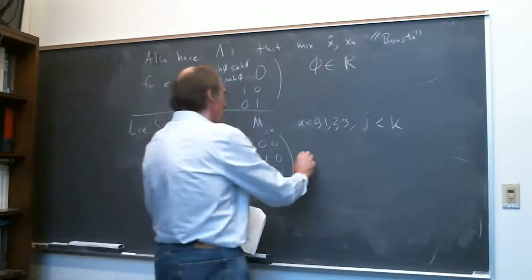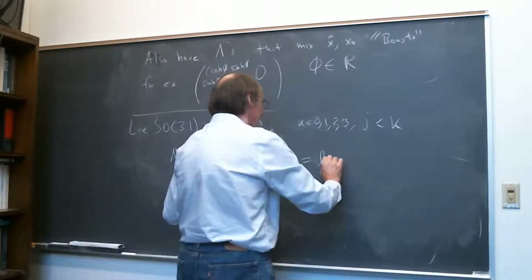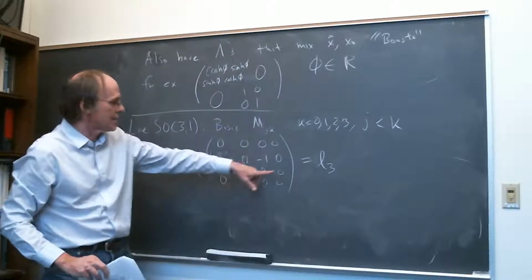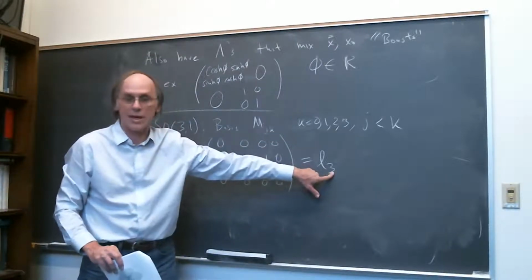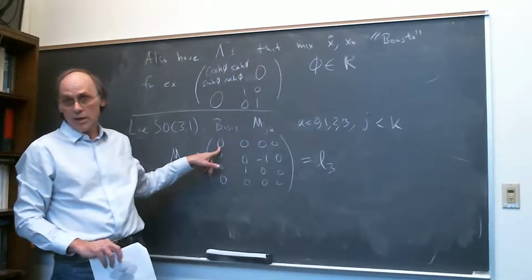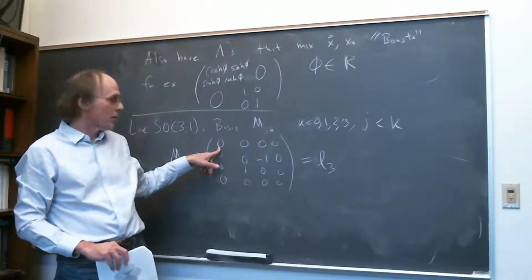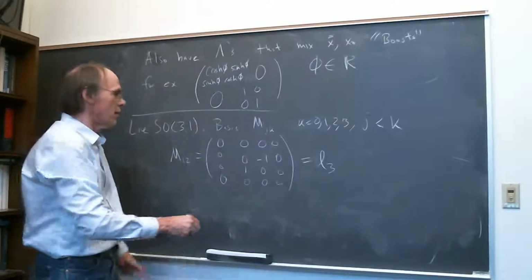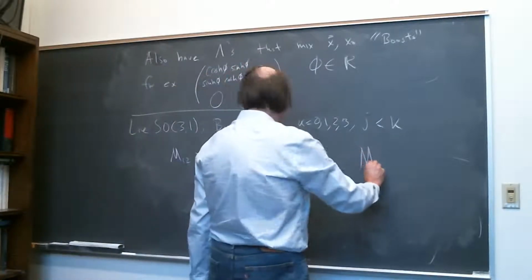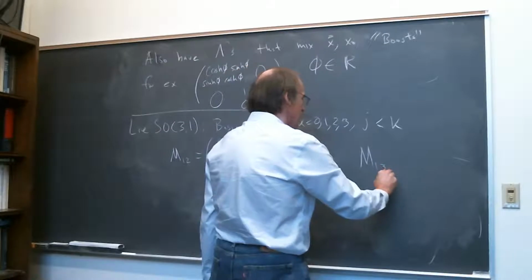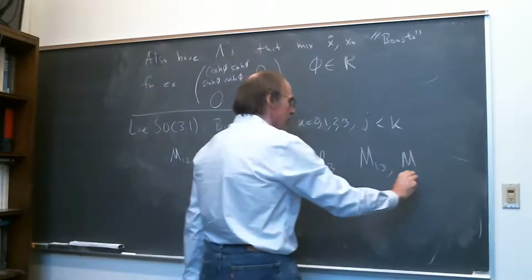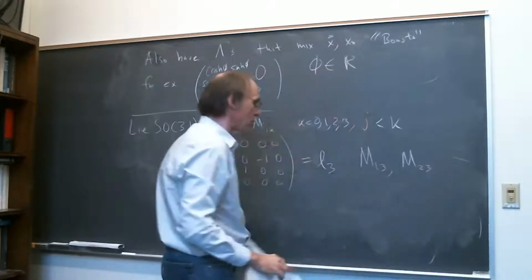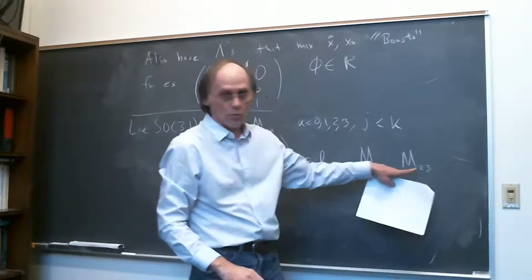This is what I was calling before L3. It's a rotation about the three-dimensional axis, also leaving time alone. And you can figure out what the other two of these are, M13 and M23. They correspond to rotating about the 2 axis and about the 1 axis.